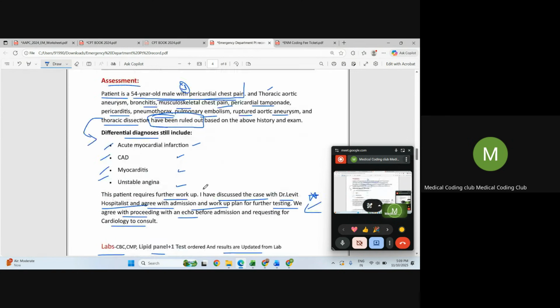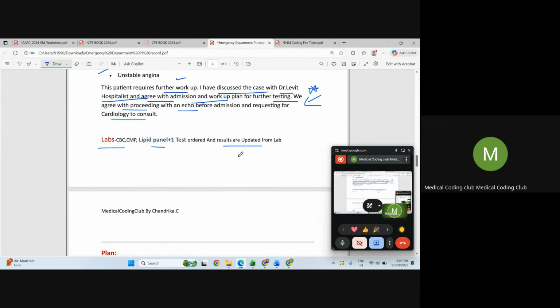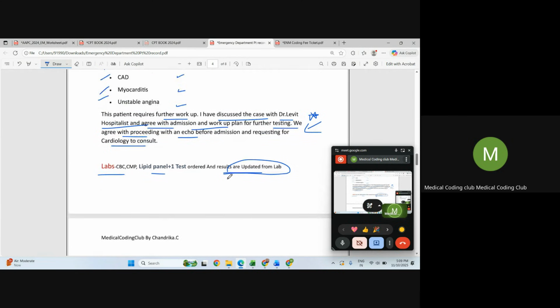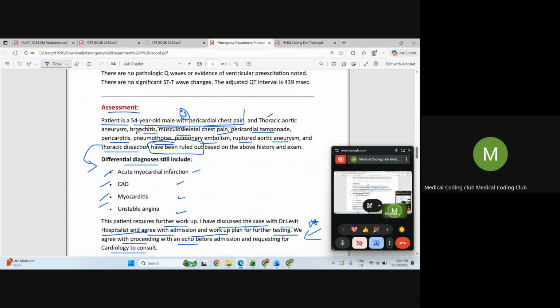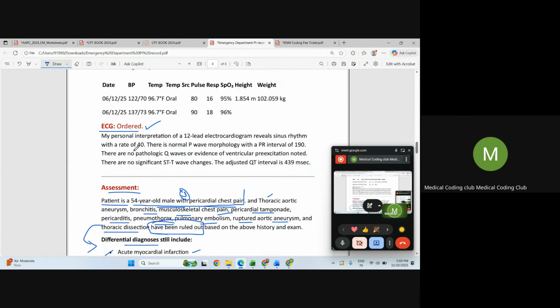In this medical record, he did not interpret the results. It was purely outside the hospital, from the laboratory, and it does not belong to the ED physician here. So we are not going to bill for any lab service. Next, looking into the ECG, he has said, my personal interpretation.